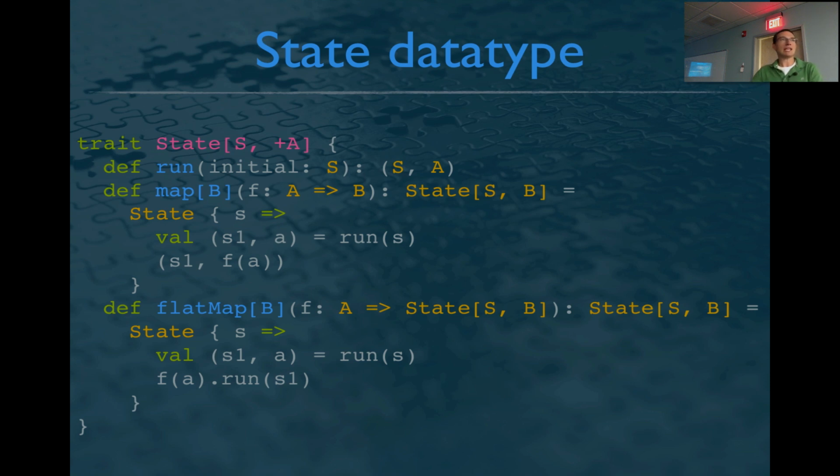If I run that inner state, the State[S, B], and I give it the S1, the state value returned from that first run function, I end up getting back the right thing, in this case a tuple (S, B). So you can see this pattern: this lambda took an input S, ran a function and got an S1 out, and then passed that S1 into another state. So you can sort of see that wiring I was talking about, right?